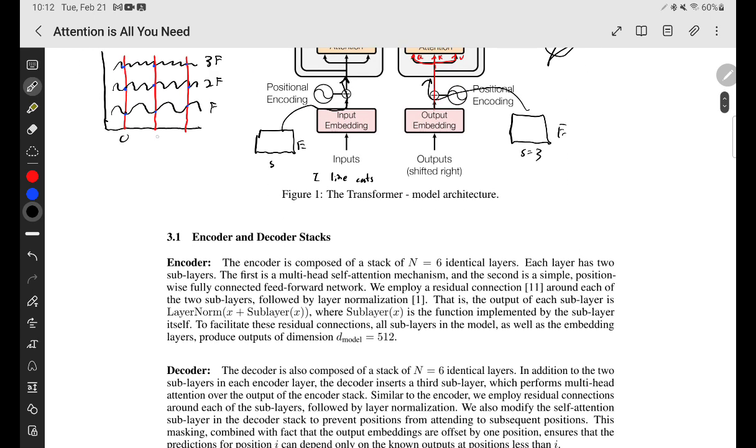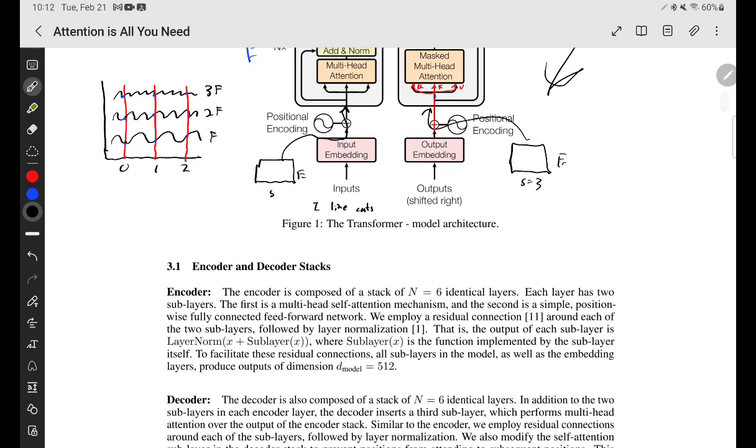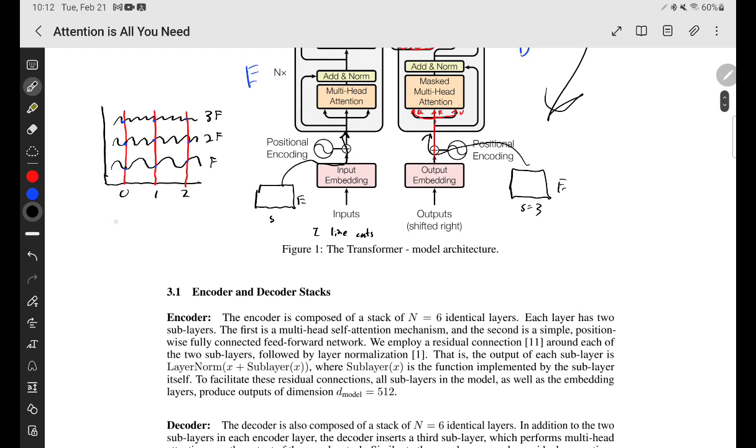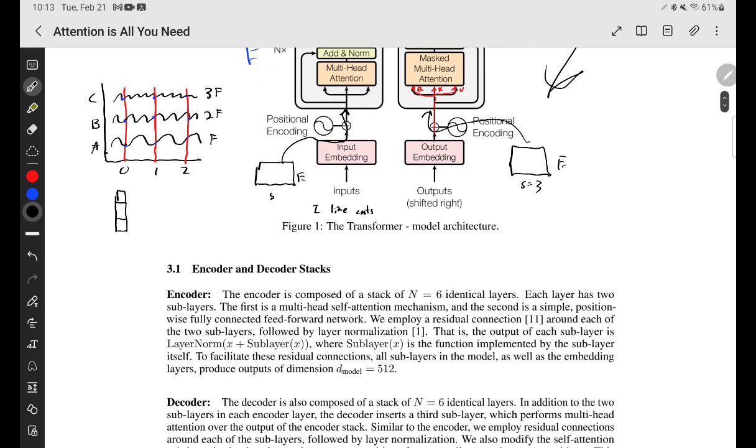So this would be position 0, 1, 2. And you form these vectors, and the vectors will be of shape 3, because we have, I'll call this A, B, and C, 3 sine waves, so it'll be a 3-dimensional vector. And you store the values of the sine waves at those positions.